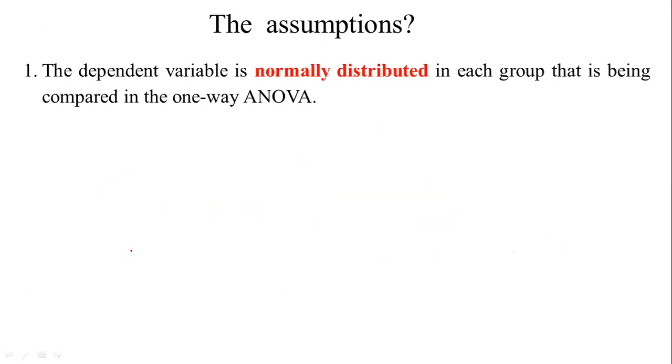One, the dependent variable is normally distributed. Here we have two variables, the independent variable and the dependent variable. The dependent variable is always normally distributed in each group that is being compared.